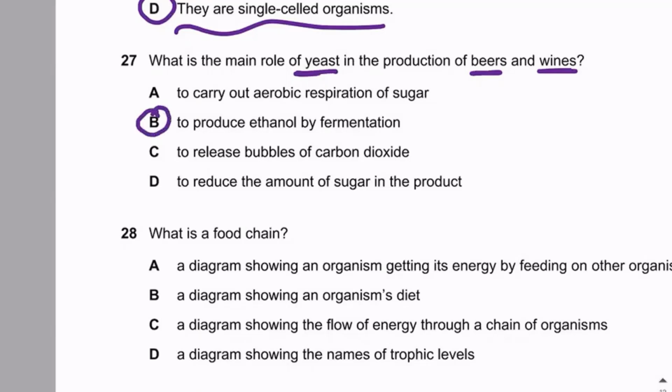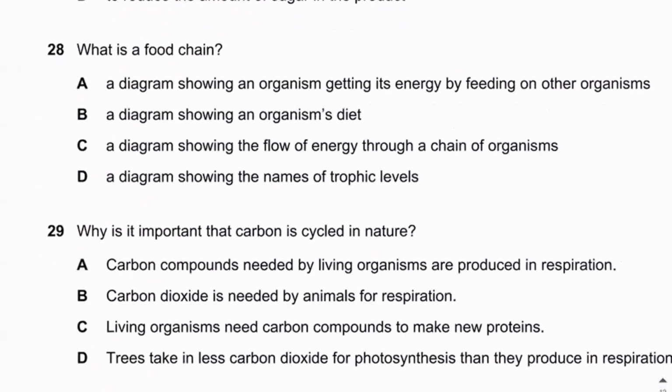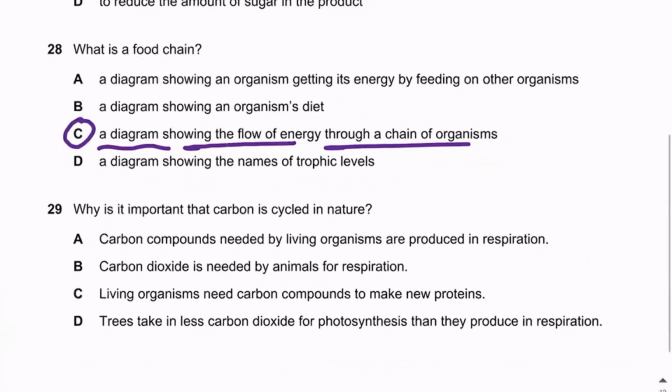What is a food chain? A food chain is simply a diagram that shows the flow of energy through a chain of organisms. There will be a chain of organisms, one after another, and the arrows will show the feeding relationship or the flow of energy. Option A is similar, but just be careful.